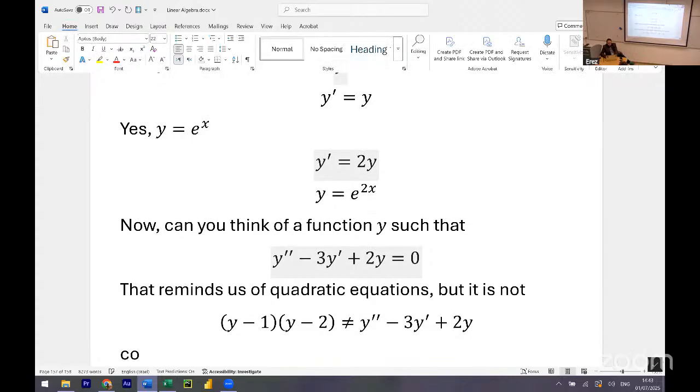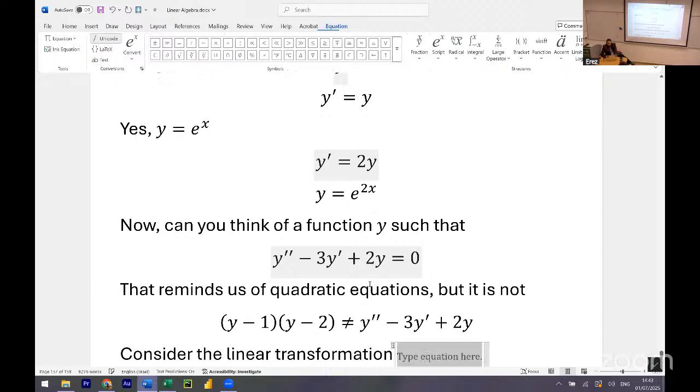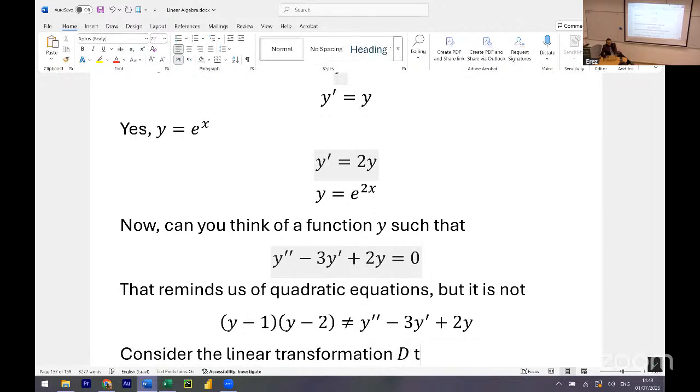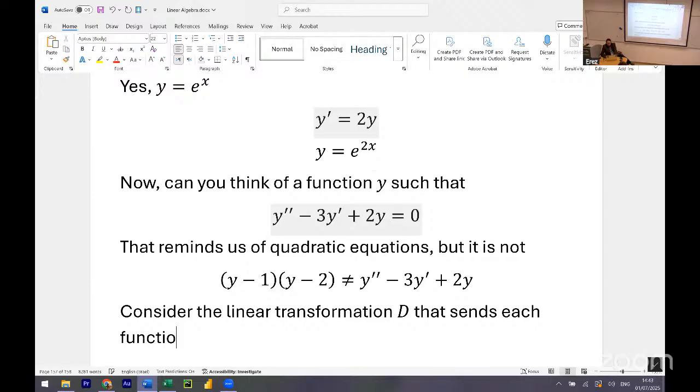Consider the linear transformation D that sends each function to its derivative. I've shown you this in a former class.